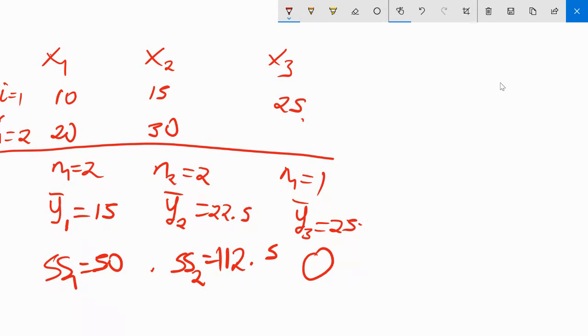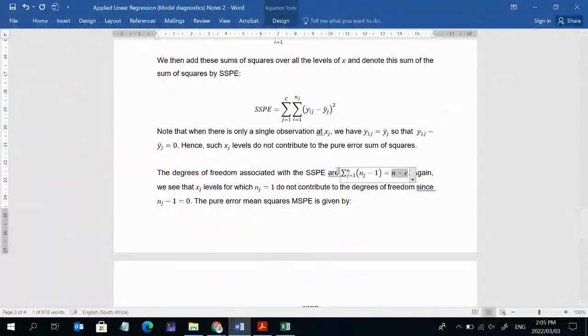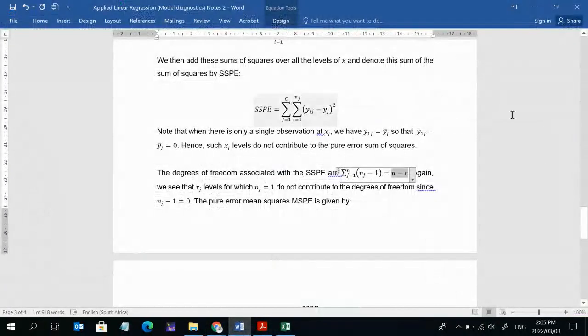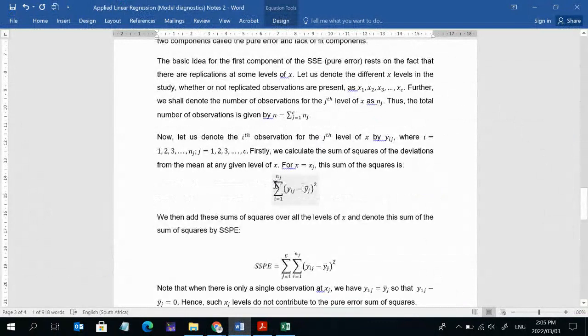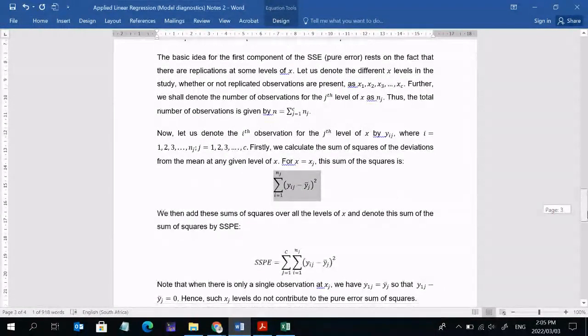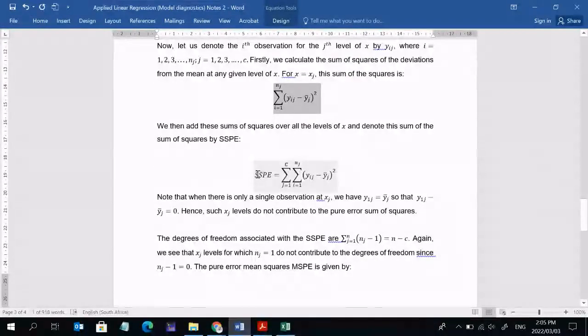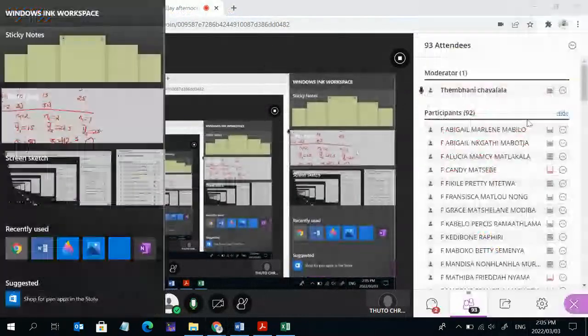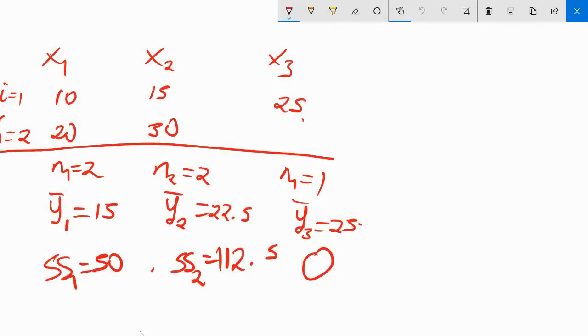So that's what we are getting from this formula. But when we sum those SS1, SS2, and SS3, we get SSPE. So now when we go back to the notes, we have the sum of these, SS1 plus SS2 plus SS3.